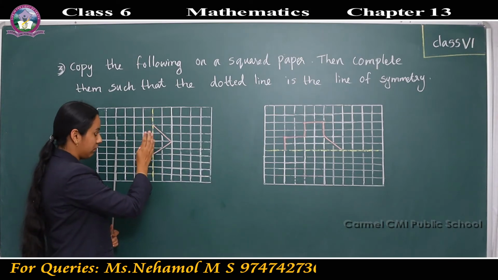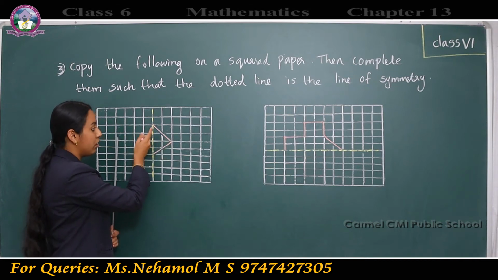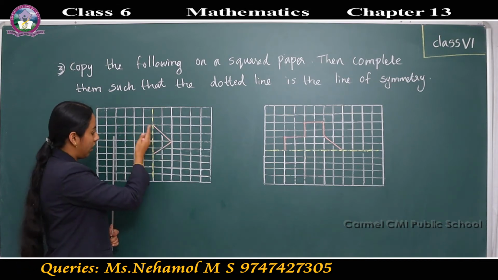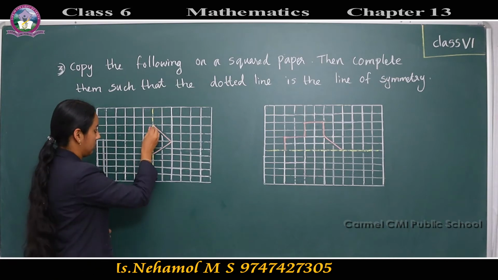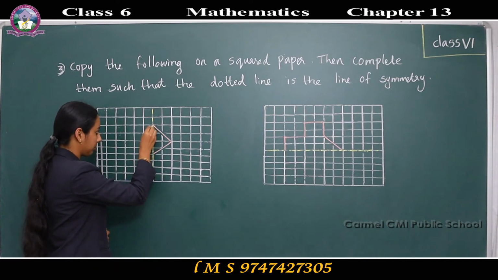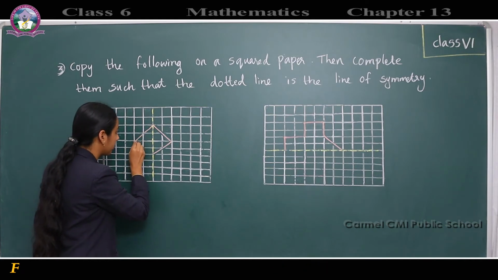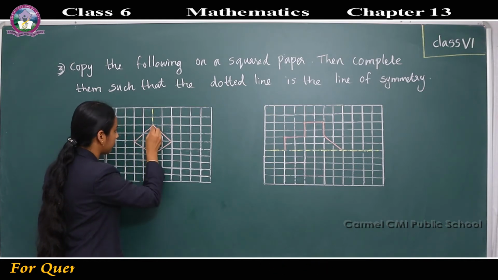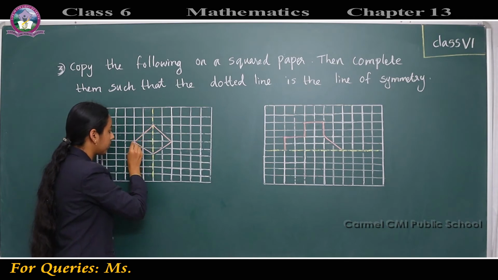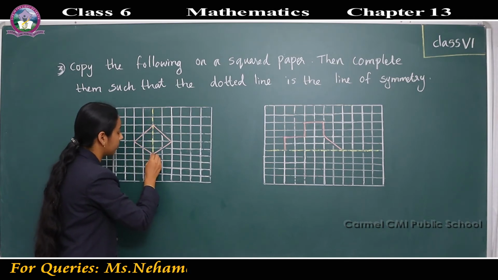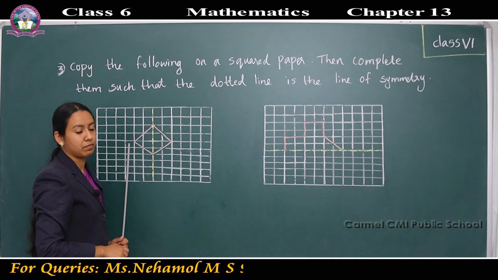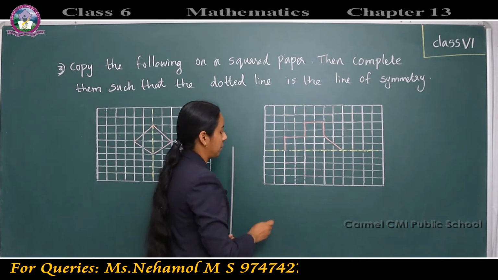That means if it is symmetric, that identical portion will be there on the other side of the line of symmetry. We can complete it. Now it is symmetric.